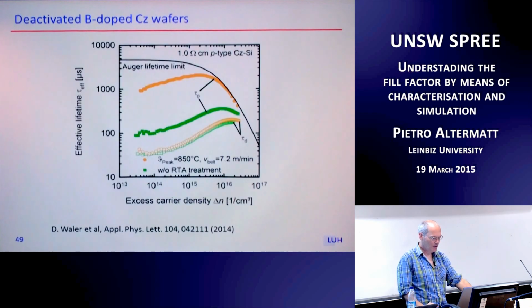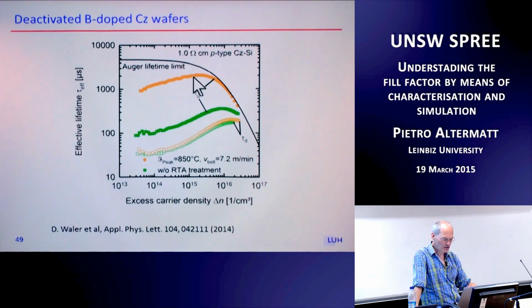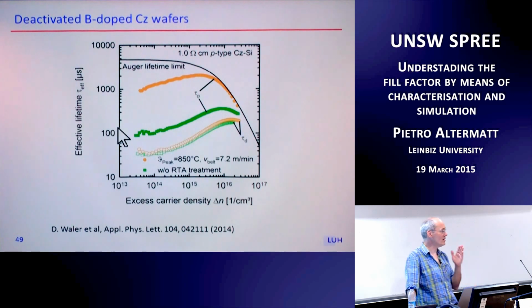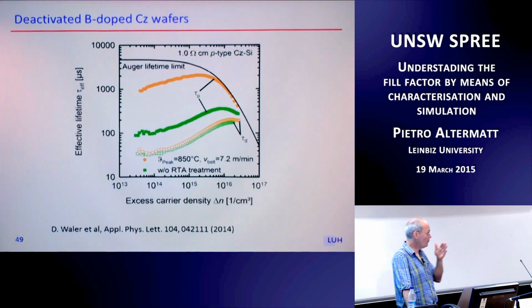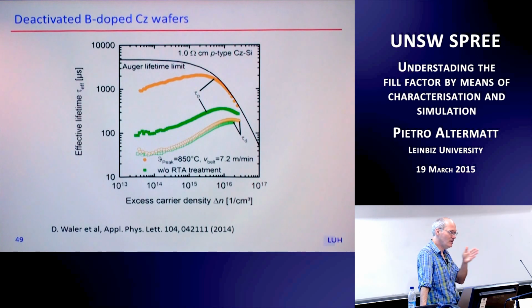But even if you go to modern materials where the boron-oxygen complex is so-called deactivated, you still got quite strong injection dependencies of your lifetime. So what does that mean? When you go from VMPP to VOC, your injection density increases quite lots, and with that your lifetime increases, and with that your J naught decreases.